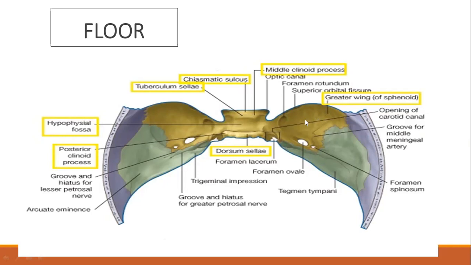This is the greater wing. And this is the dorsum sellae. Posterior clinoid process. This is the middle clinoid process, and this is the posterior clinoid process.